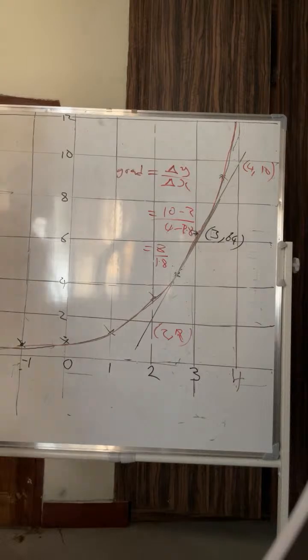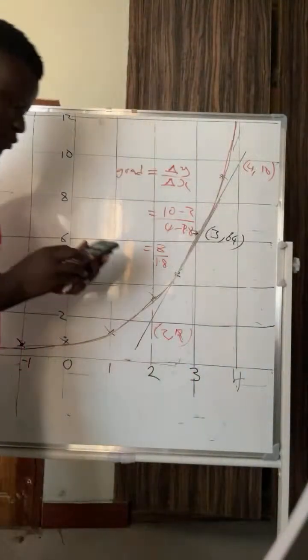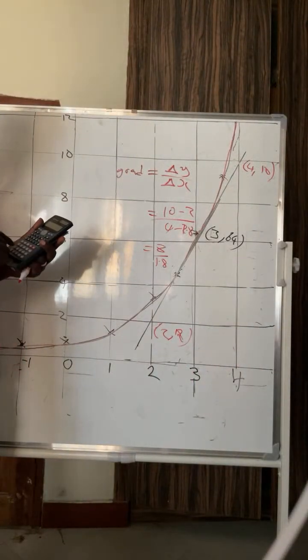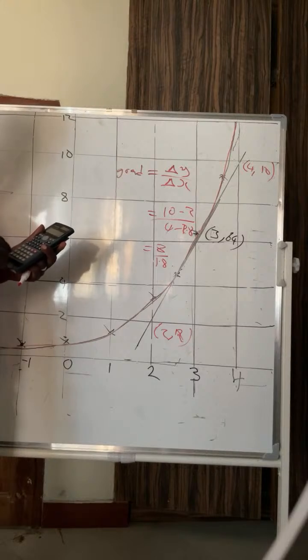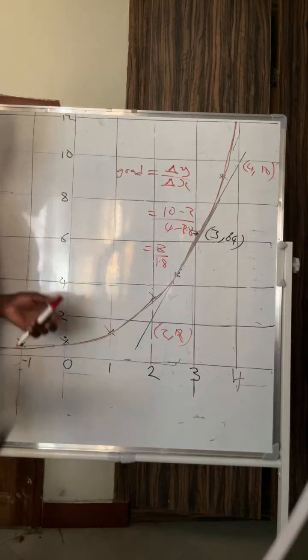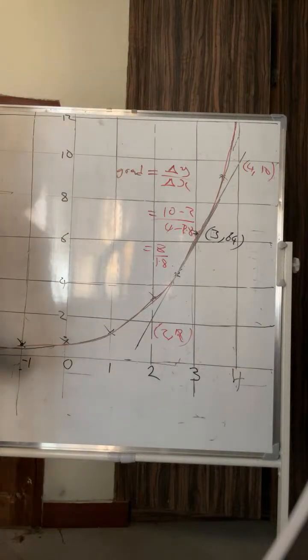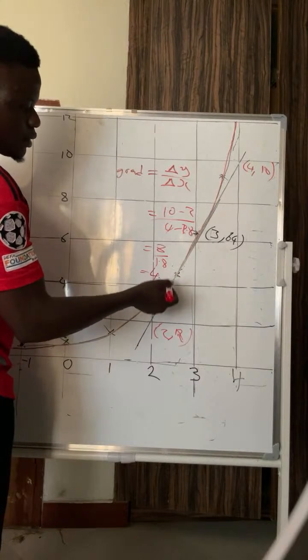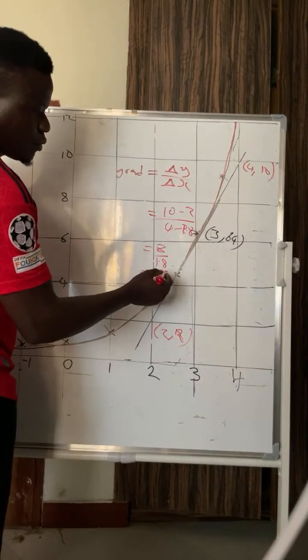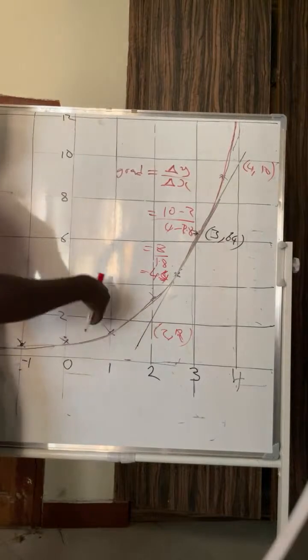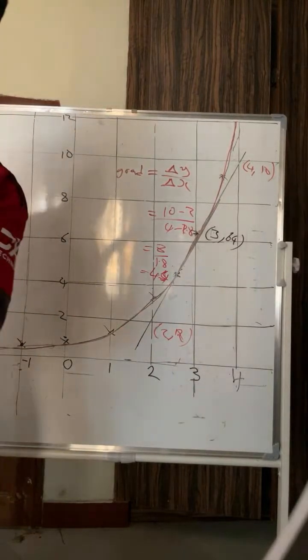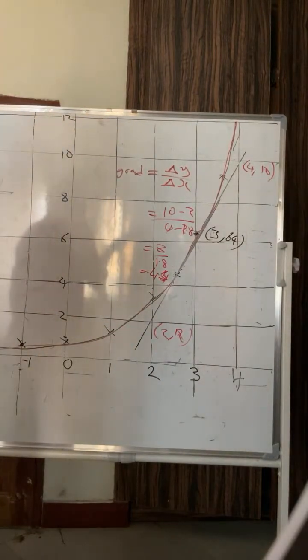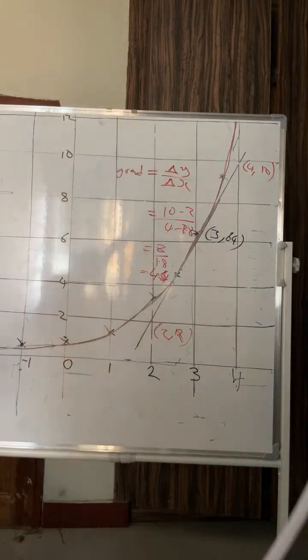When you use a calculator, it's 4 point something. So that's the gradient, 4 point something, maybe 4.4. But yeah, let me finish.